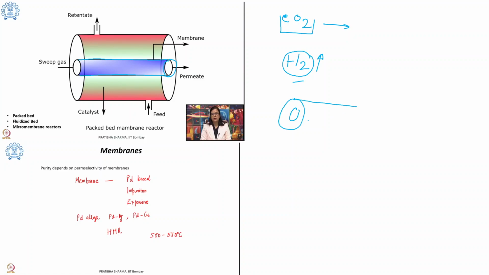Okay, like this. The inner hollow part is the membrane. What is the membrane, do you know? It will allow only one element or substance to pass. Exactly.